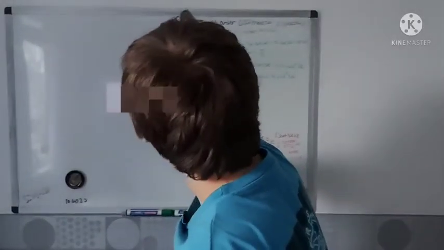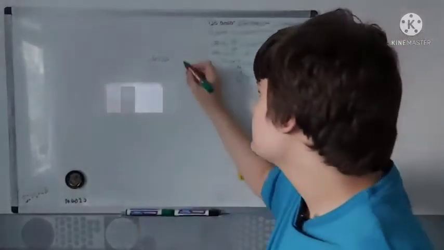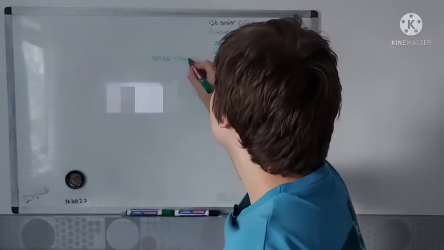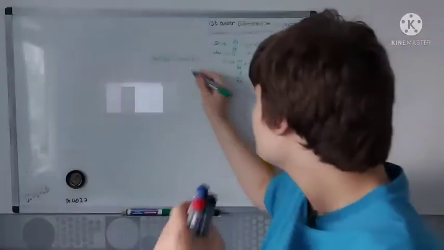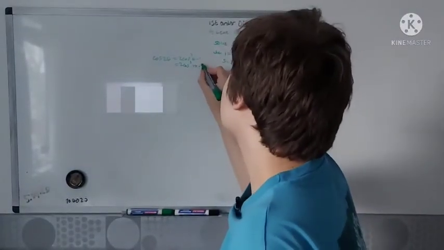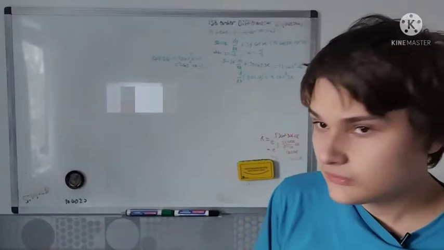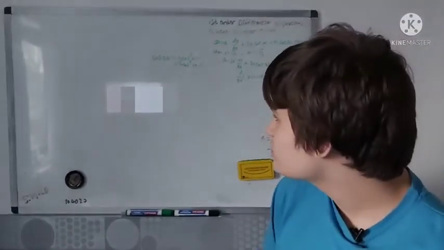So we need cosine of 2 theta, don't we? The rearranged formula is 2 cos squared theta minus 1. Using theta, it'll be 2 cos squared of 3x take away 1.